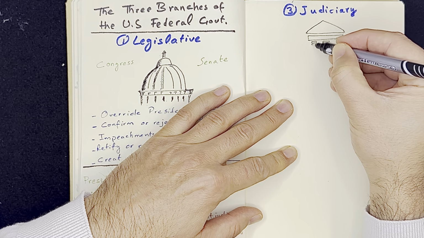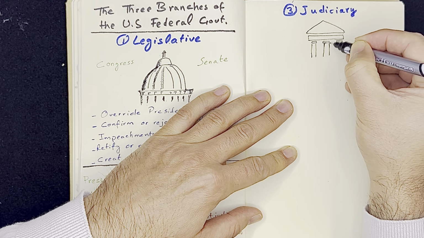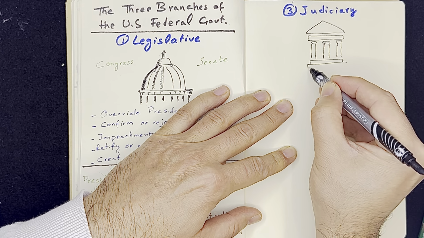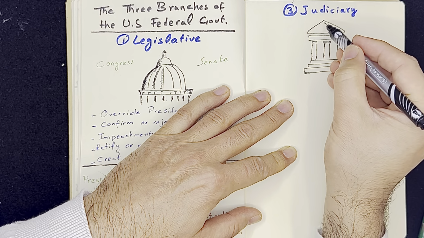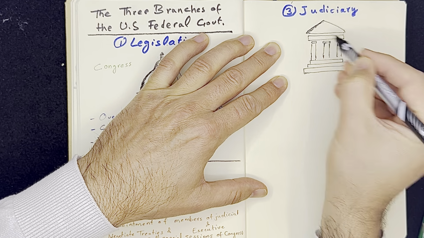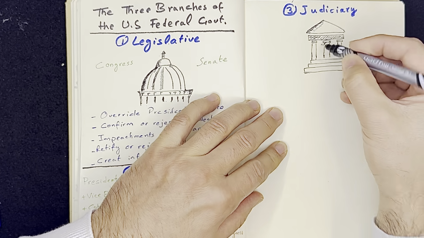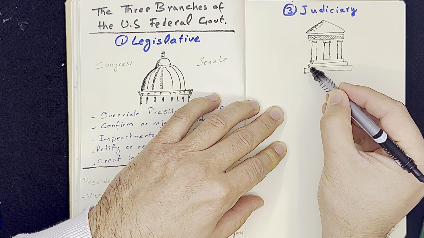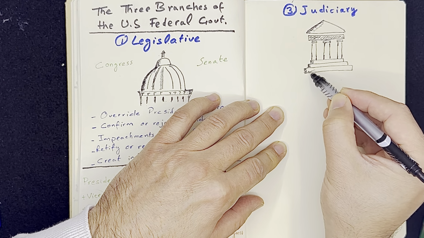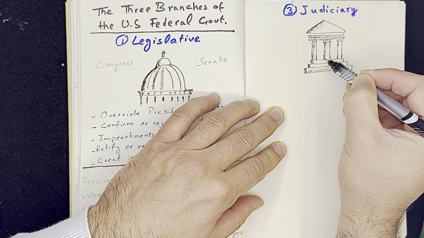The judicial branch, comprising the Supreme Court and federal judges, interprets laws and ensures they are in line with the Constitution. So when disputes arise, when the government exceeds its power, or when justice hangs in the balance, the judiciary steps in to make its ruling.